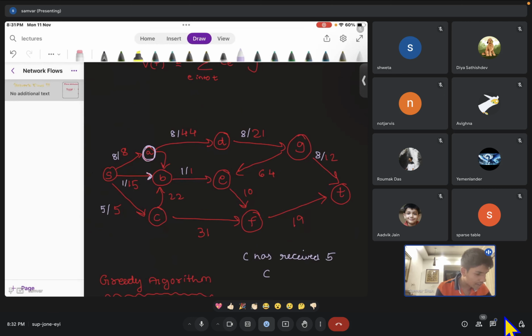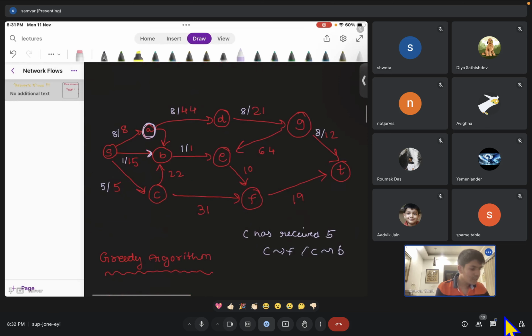C can go to either F or C can go to B. Now, C has to distribute 5 between the edges to F and B. And you can see that it can do 5 comma 0, 0 comma 5, anything, because the capacities are 22 and 31. But there is a catch.